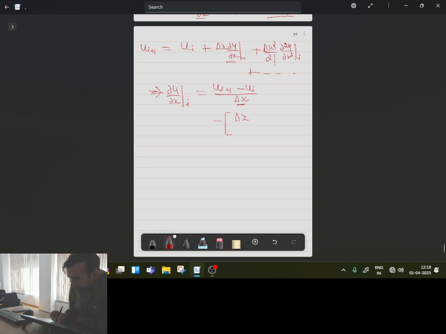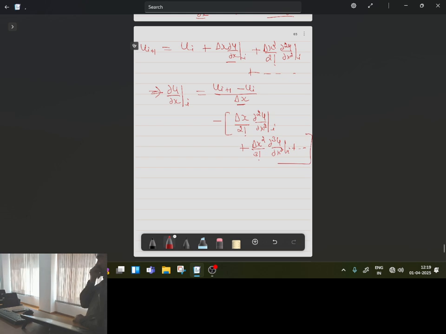So it means delta x by 2 factorial into del square u by del x square plus delta x square by 3 factorial into del cube u by del x cube at I plus so on up to like this.